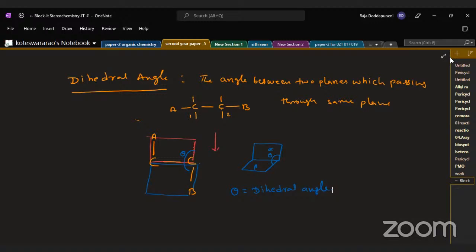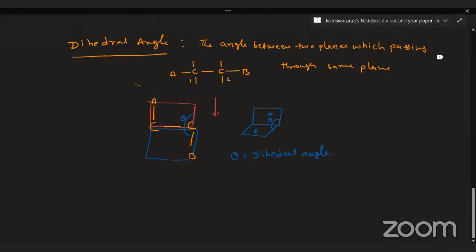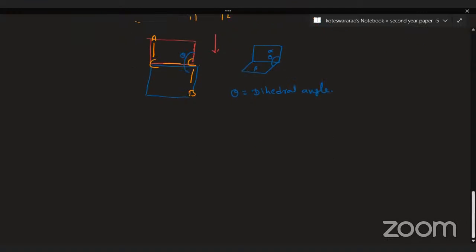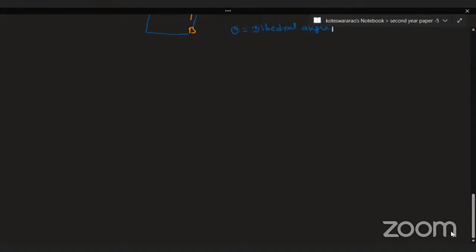Now from this we can easily define that, as I have already given the definition, the angle between the planes passing through the same molecule is known as the dihedral angle. The same dihedral angle we can observe in the Newman projection formula.